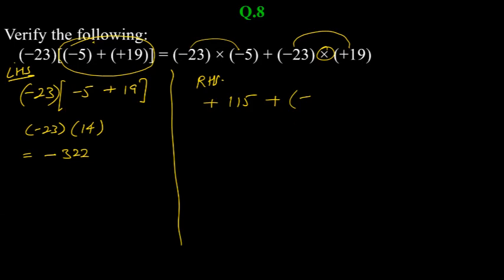Okay, so 19 threes are 57, 19 twos are 38, that is 437. So plus 115 minus 437. That is minus 322. Left hand side equal to right hand side, verified.